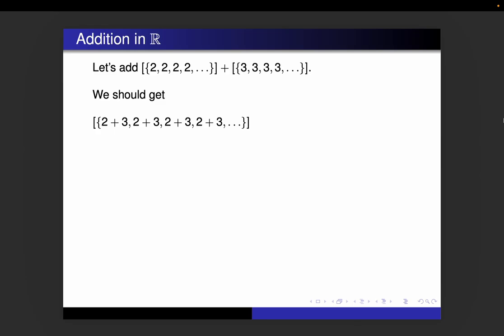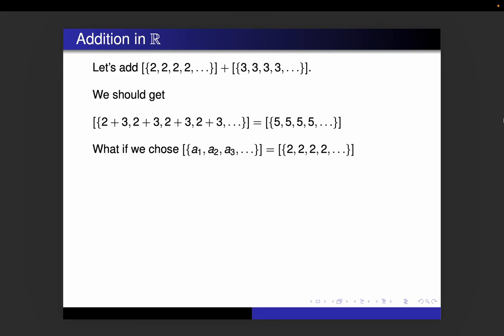And so when we add those together, we should get 2 plus 3 as each of the terms, and that gives us the constant sequence 5. And of course, we get all of its related Cauchy sequences, because again, those square brackets on the outside mean we are talking about an equivalence class. So that has an infinite number of Cauchy sequences in that set.